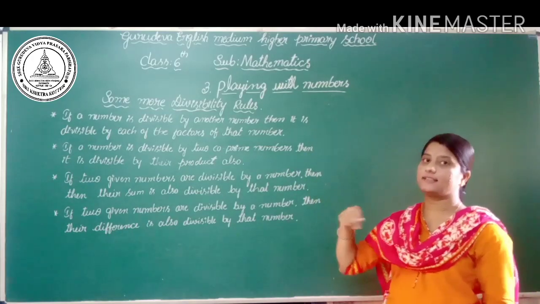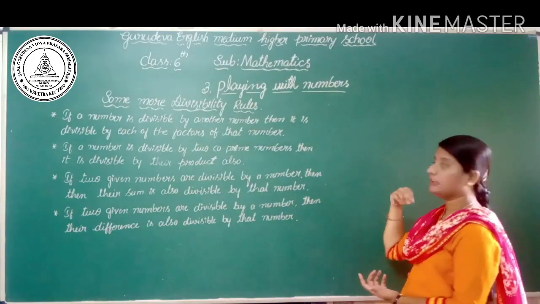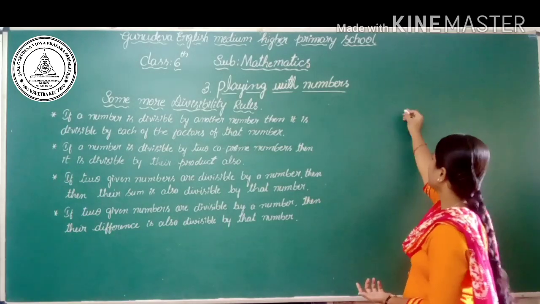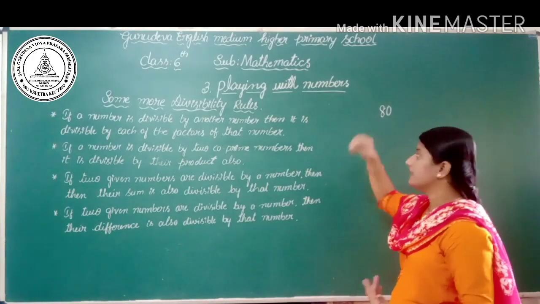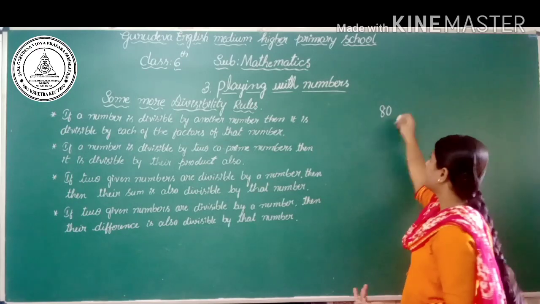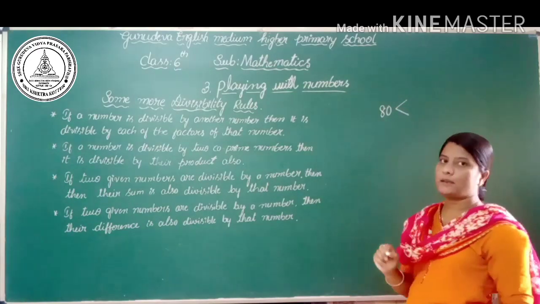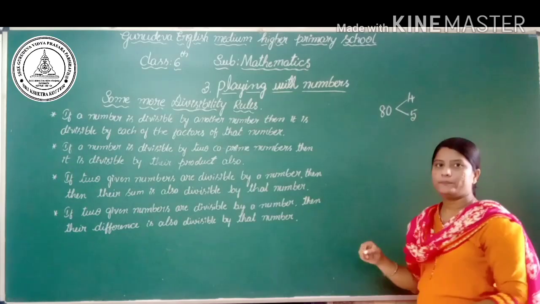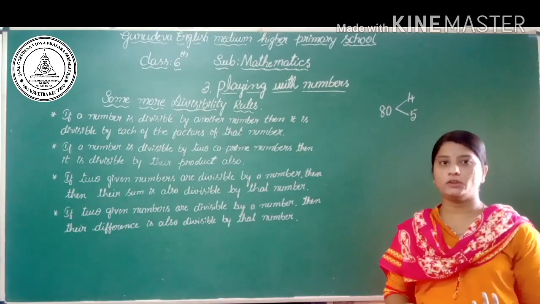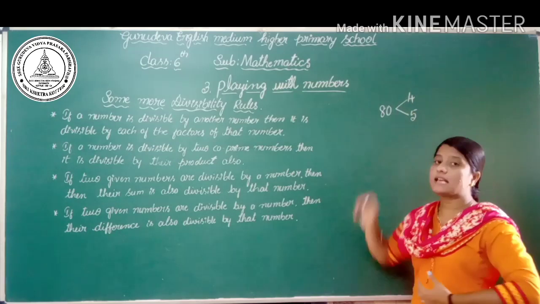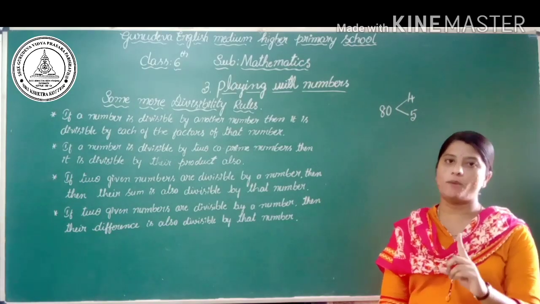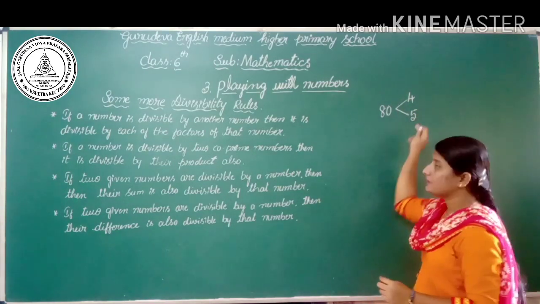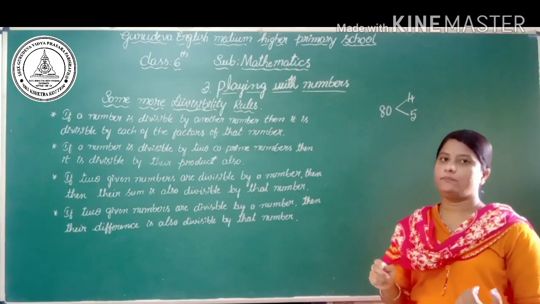Then what it says, let's see here. For example, I will take here 80. Yes. 80 is divisible by both the co-prime numbers, that is 4 and 5. Co-prime numbers means, we know, two numbers having only 1 as a common factor are called co-prime numbers.